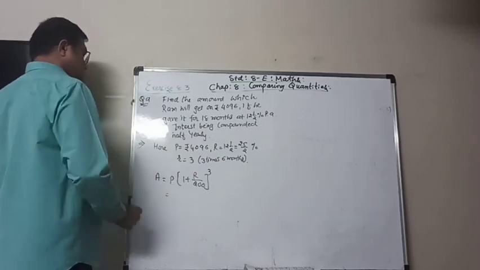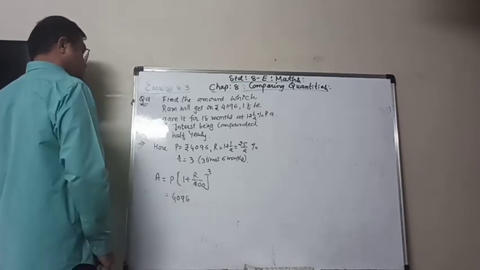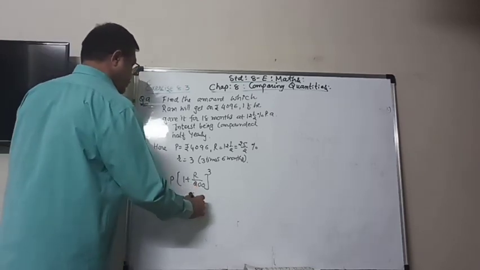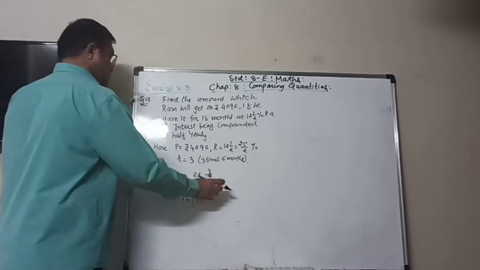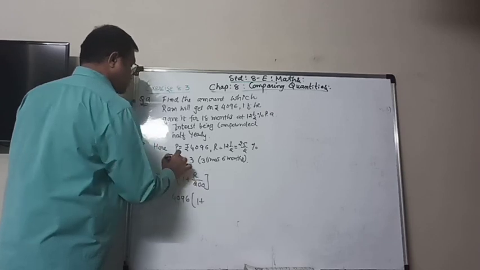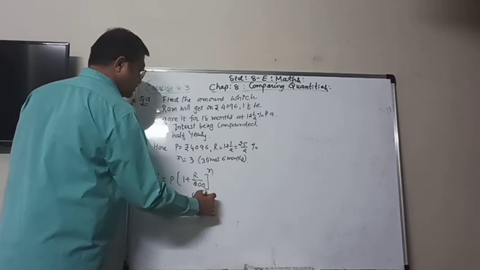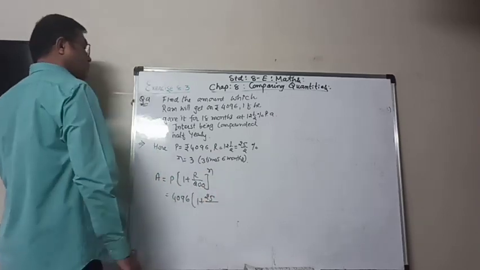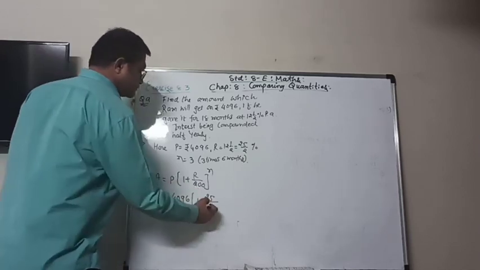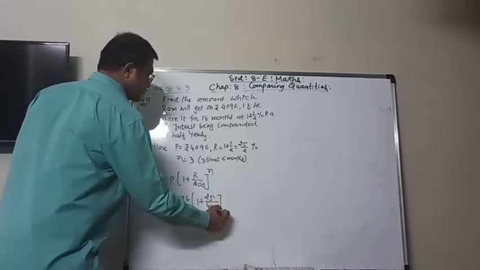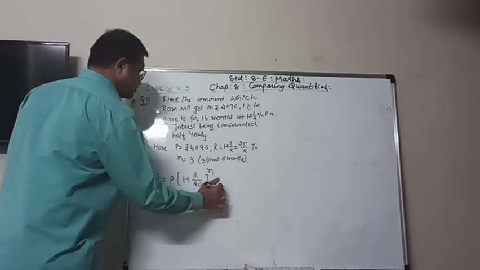So now P is 4096 into bracket 1 plus, what is R? 25 upon 2, but 2 will be with 2, it will be 400. So n is equal to 3.